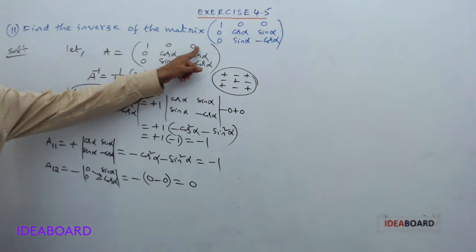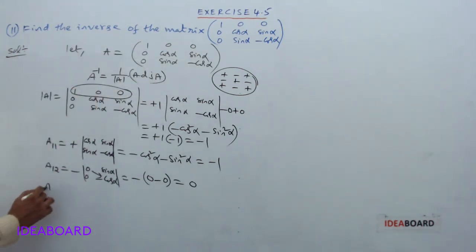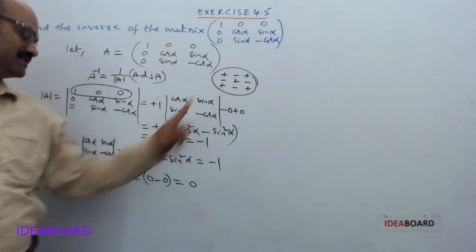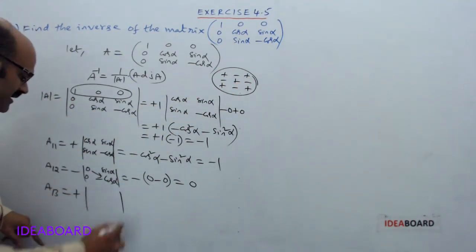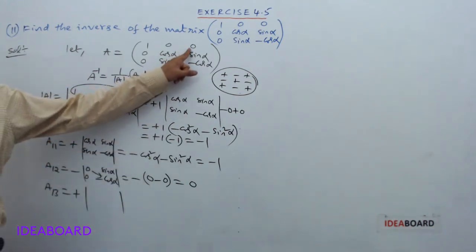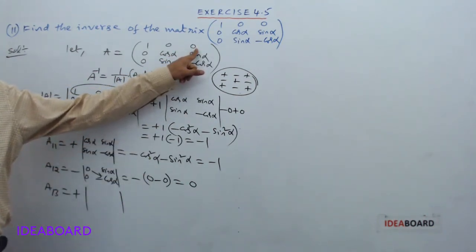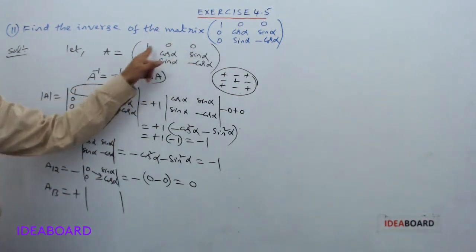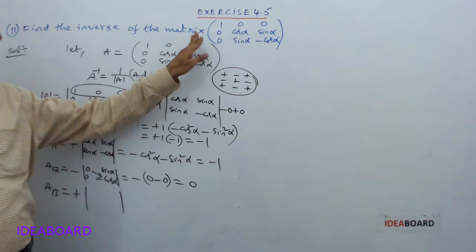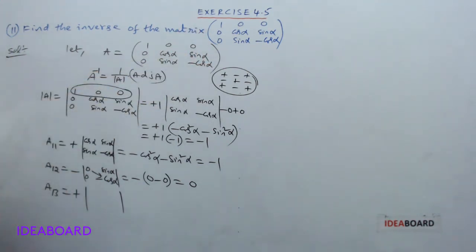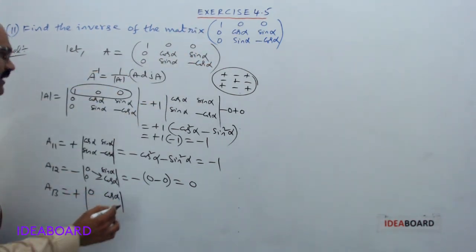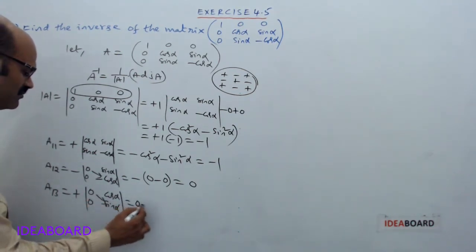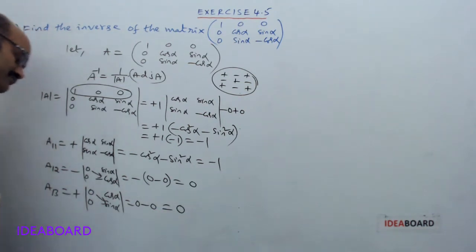Next A13, the sign is plus, so plus the minor of 0, the element in first row and third column. The remaining elements are 0, cos alpha, 0, sin alpha, giving 0 minus 0 equals 0.